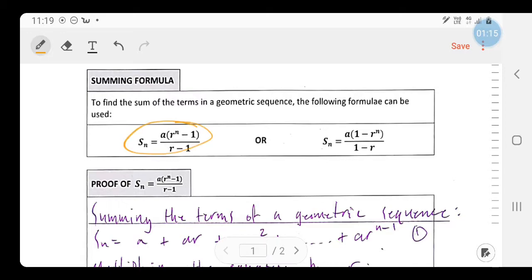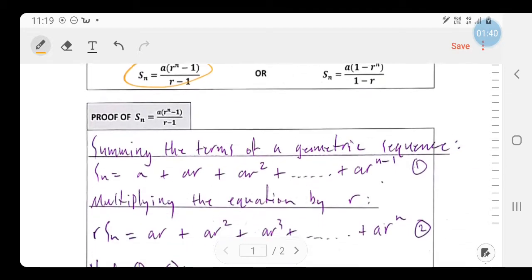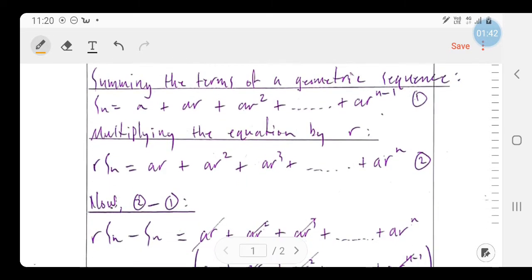This here: the sum of the first n terms of a geometric sequence equals A, the first term, bracket, the common ratio R to the power of n, minus 1, all over the common ratio R minus 1. All right, but don't take my word for it. Let's prove the bad boy.